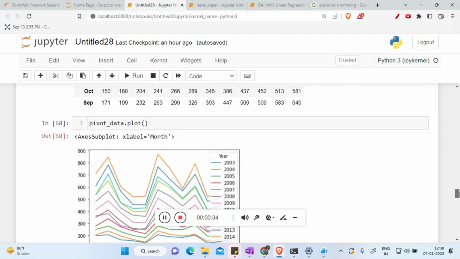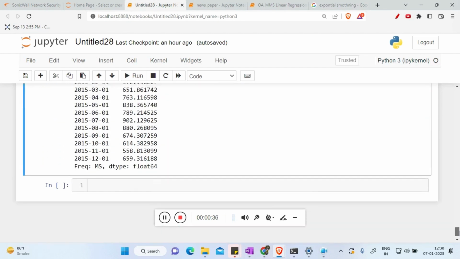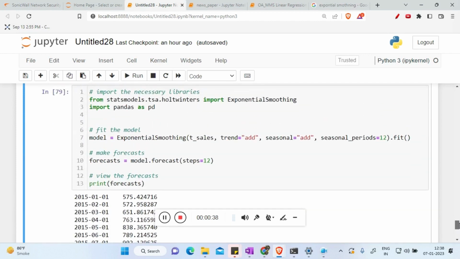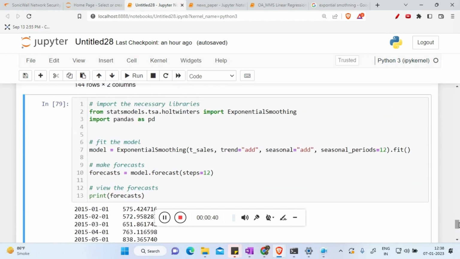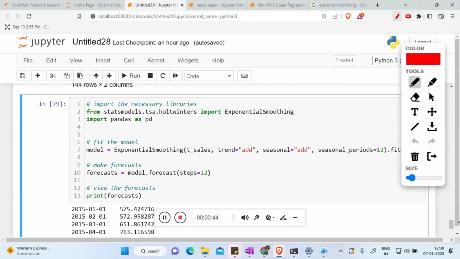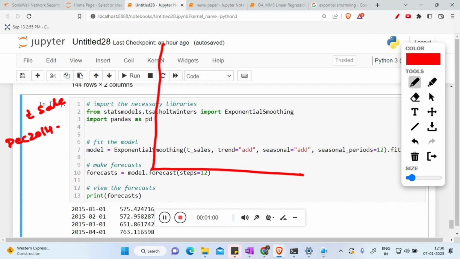Okay, so now I want to do the modeling part. So how to do the modeling part? Let's assume that you have some data, like tractor sale data here. December 2014 data you have, that is some data like 500.